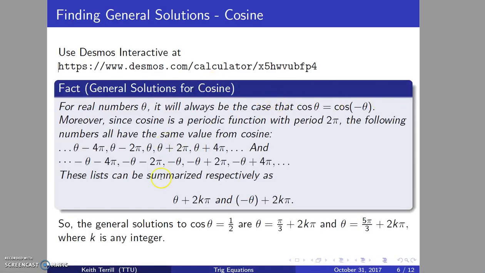So our first set is whatever worked the first time, whatever arc cosine gives us, which is pi over 3 in this case, add 2k pi, add all even multiples of pi, and that gets us half of our solutions. The other half is negative theta, which is negative pi over 3, which we could also refer to as 5 pi over 3. Those are coterminal. And so negative pi over 3 plus 2k pi, where k is any integer, or 5 pi over 3 plus 2k pi, where k is any integer.